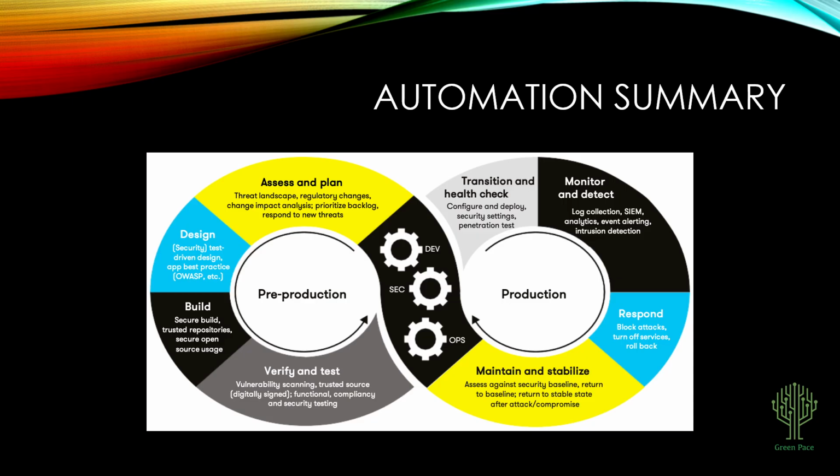During pre-production, secure design practices and static code analysis help catch vulnerabilities early. Unit tests, like the Google test examples I showed, run during the build phase to automatically verify that security controls behave as expected. Once the application moves into production, monitoring, logging, and incident response processes continue that protection.